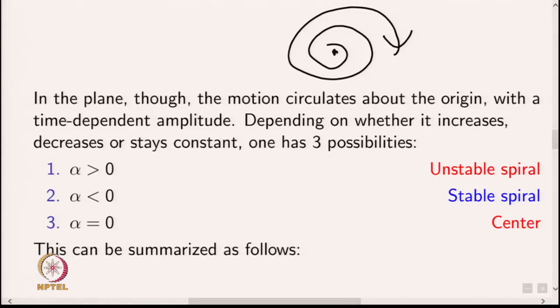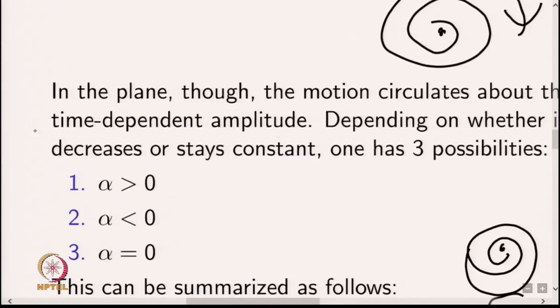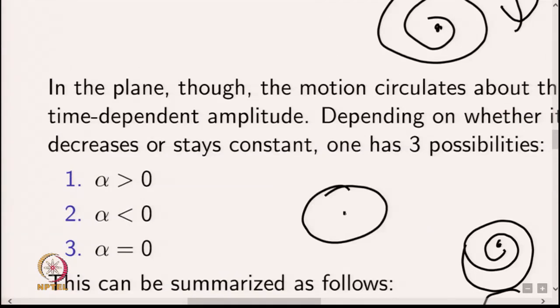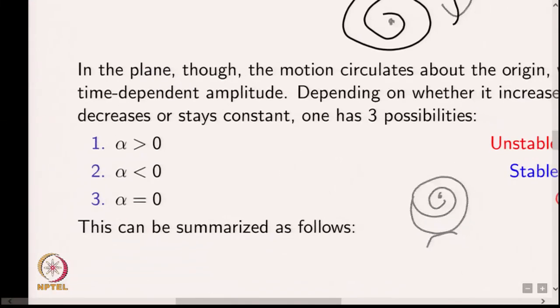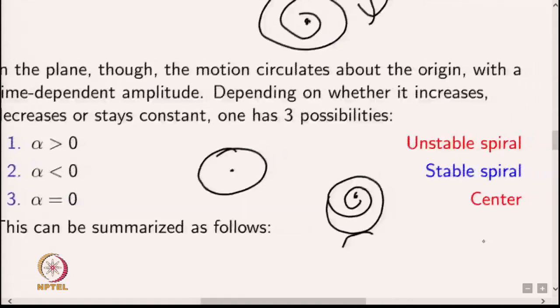If alpha is negative, then around the fixed point we have stuff that is moving inwards, and if alpha is equal to 0, then it neither grows nor shrinks, and we have what is called a center.